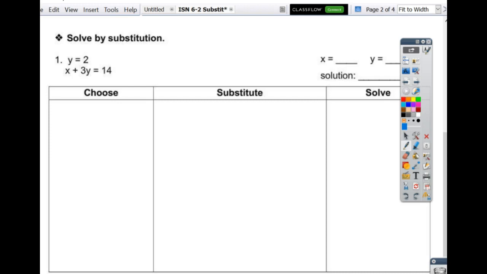If I look at this and I look at this, does one of those have a variable that's by itself? So the top one has the variable by itself, so I'm going to put that under the choose column. So when you put that in the choose column, the other one goes in the substitute one.